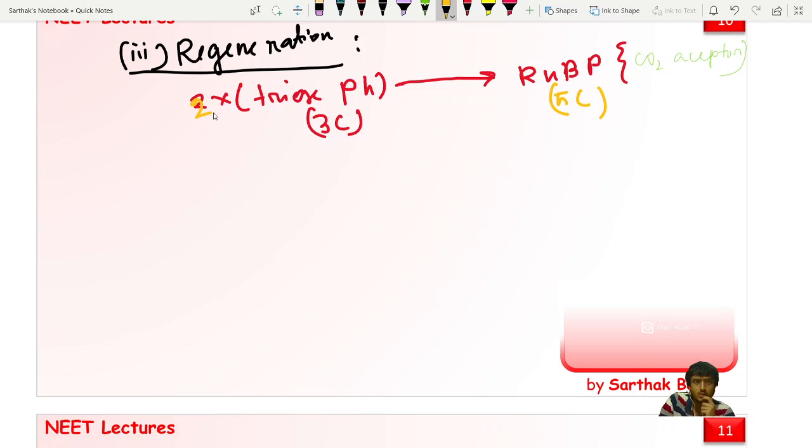So here 2 into 3 carbon is 6 carbon, and 1 carbon is used in making carbohydrate.